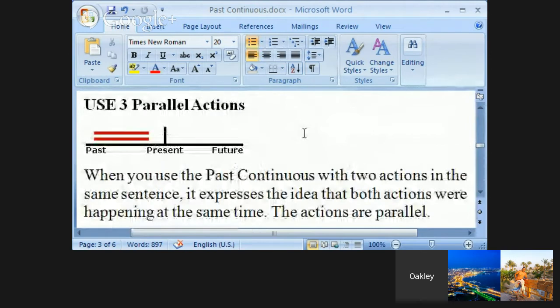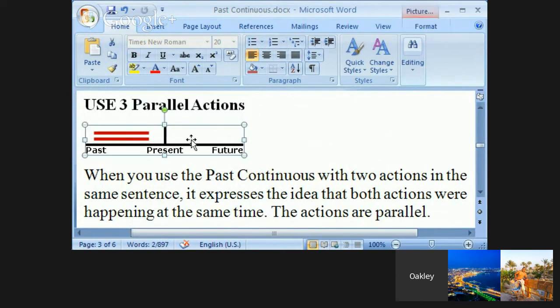Okay. Let's look at another important usage of the past continuous: parallel actions. These lines in the diagram are parallel lines. They never cross. So parallel actions, we would be talking about two actions, and of course these are actions that take duration.